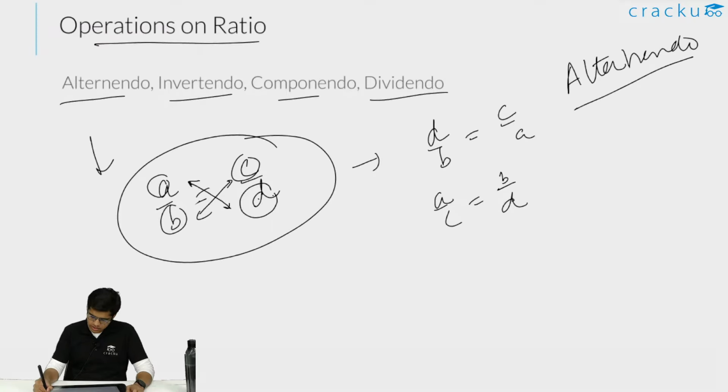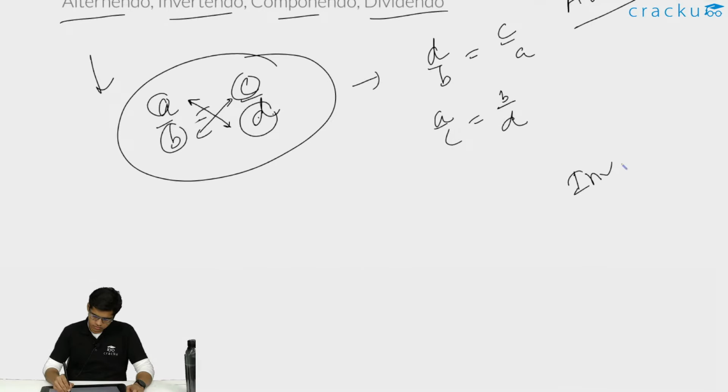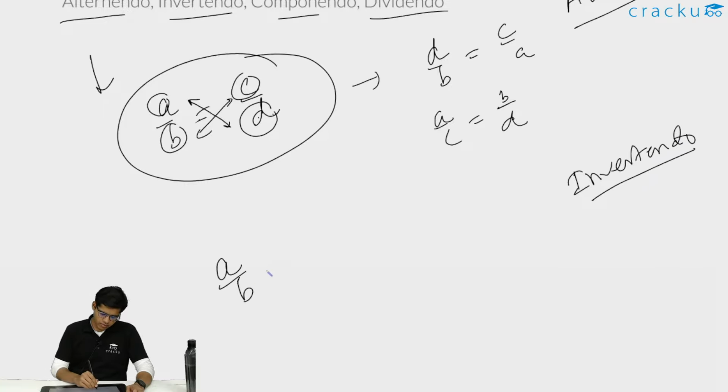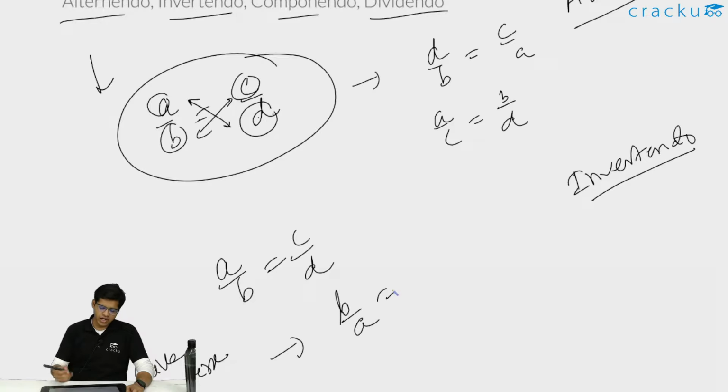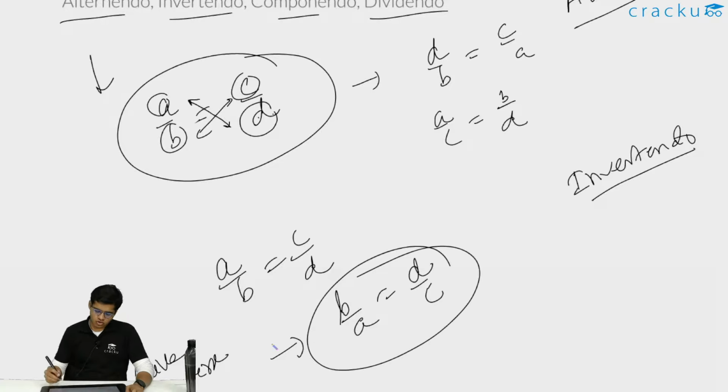Next comes invertendo. a by b equals c by d. So invertendo would be we will just take the inverse. a by b inverse will be b by a, c by d inverse will be d by c. So b by a equals d by c, that is invertendo, right?